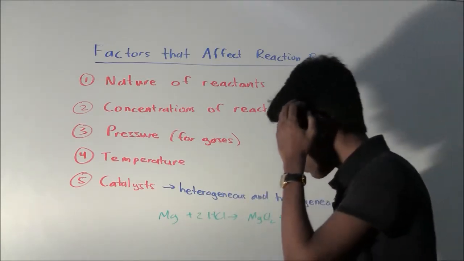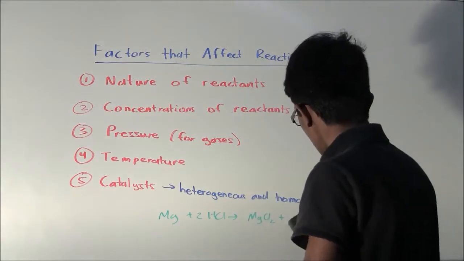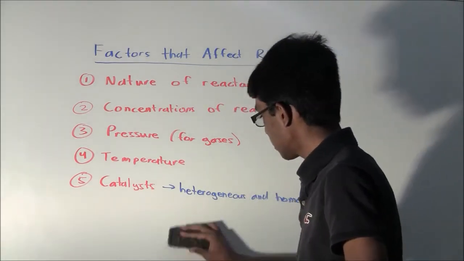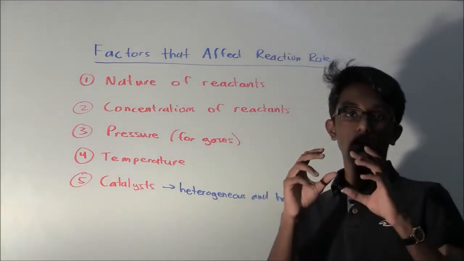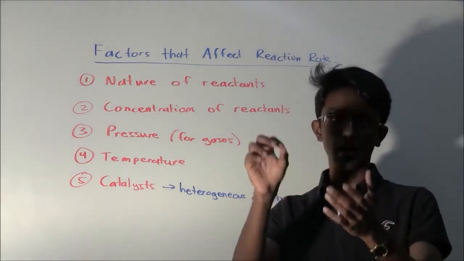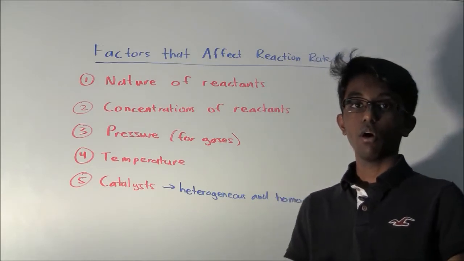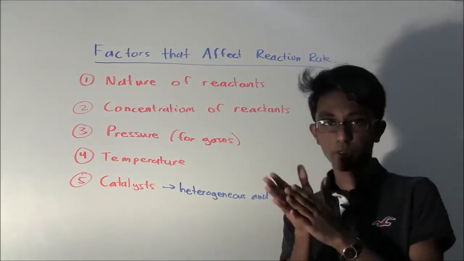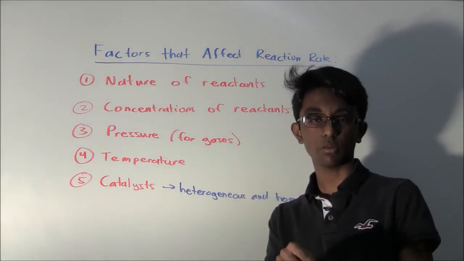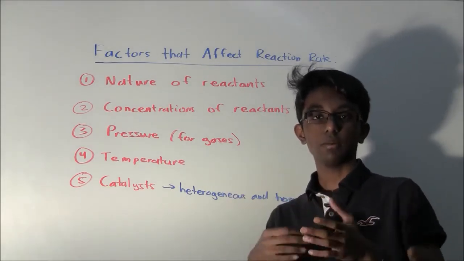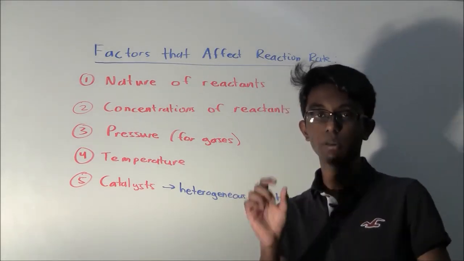Also, a way you could look at this is that if you take a big block of salt and you put that into water and let it sit, and if you took the salt and crushed it into tiny pieces and put that into water, obviously the tiny pieces will dissolve faster than that one big block.